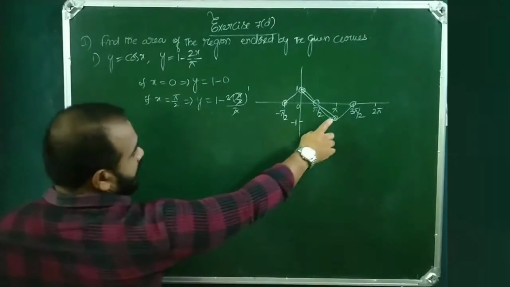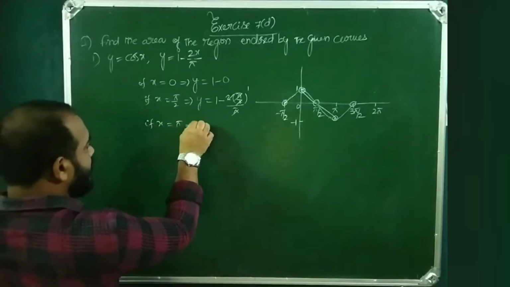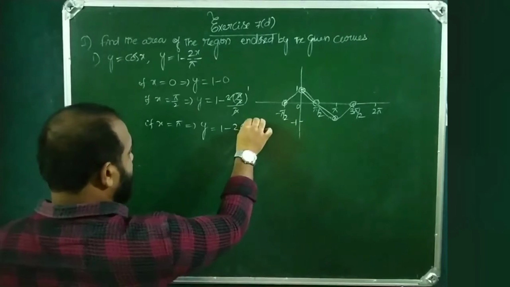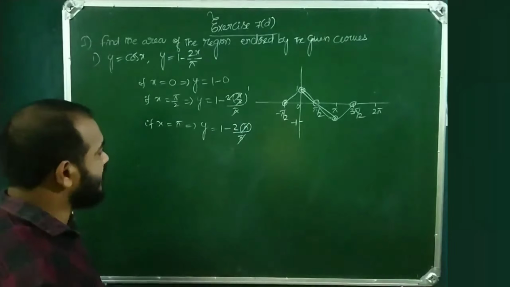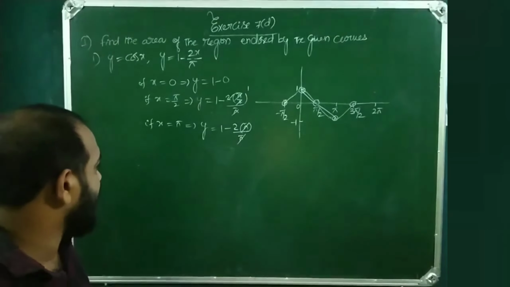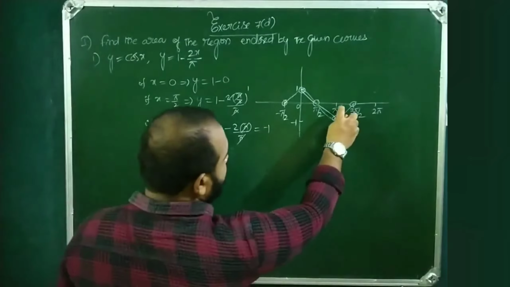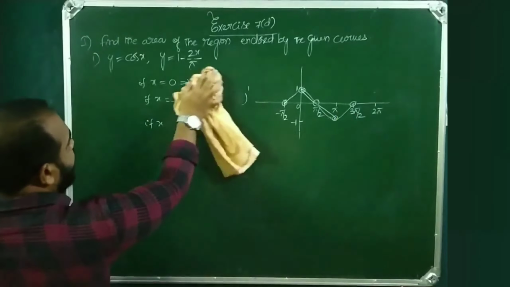And if x equals pi, then y equals 1 minus 2 into pi by pi, pi cancels, 1 minus 2 is minus 1. So pi, minus 1 is this. Therefore, this is the area we get.